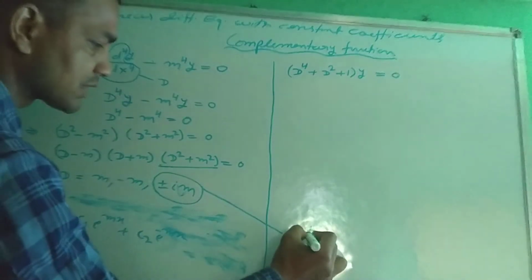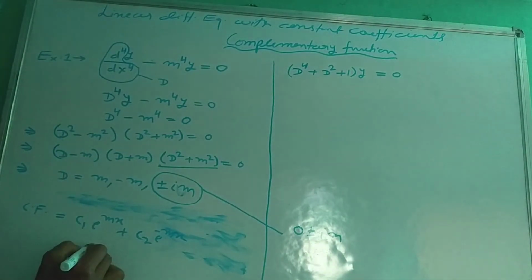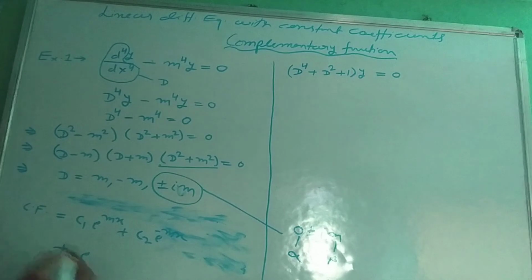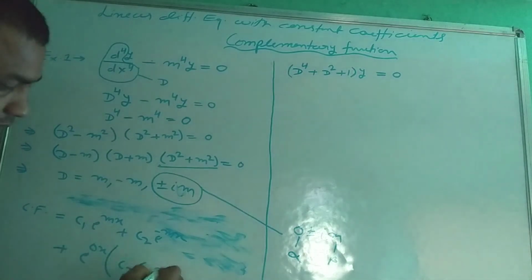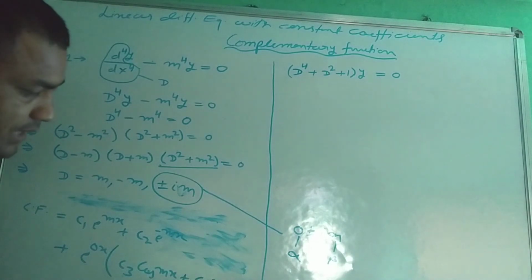This value is 0 e to the power alpha, this is alpha, this is beta, e to the power alpha x, so e to the power 0x, and c3 cos mx plus c4 sin mx.